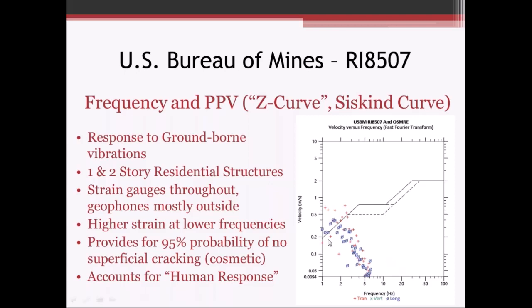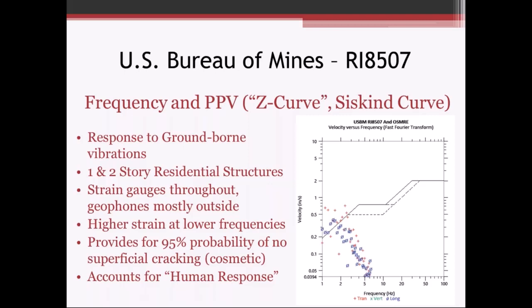But this stair step curve was basically established based on a 95% probability of there being no superficial cracking, or essentially cosmetic damage.